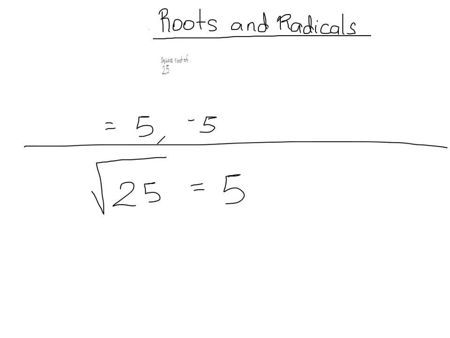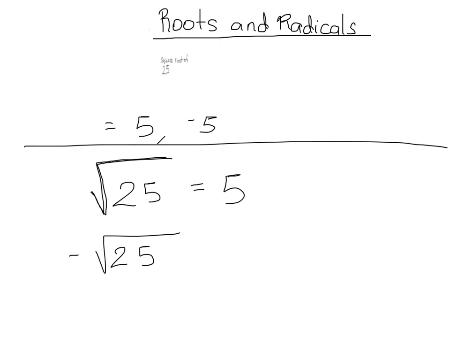However, if I use the radical sign here, is it the case that this is also equal to -5? It is actually not the case. In order to get the other square root from that radical sign, you actually have to write negative square root of 25.